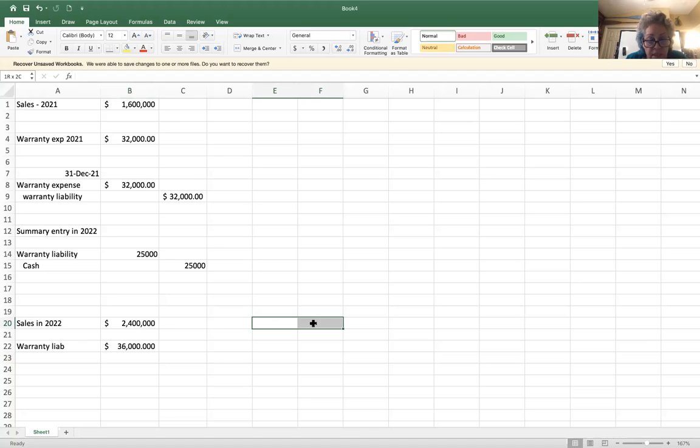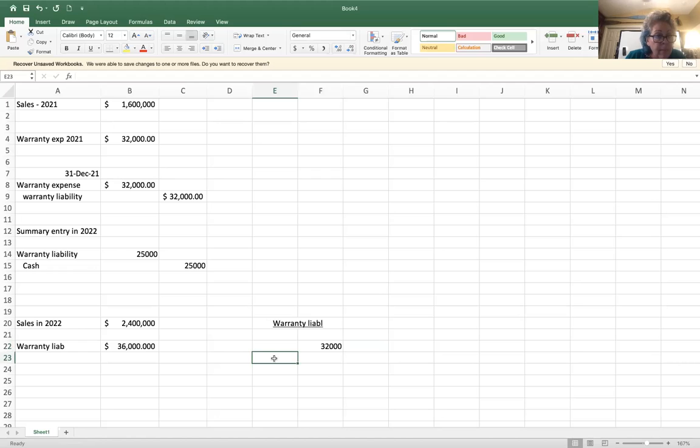This is in Excel. So I'm going to merge and center, and I'm going to do warranty liability. And I'm going to underline it. And we had a credit of 32,000.